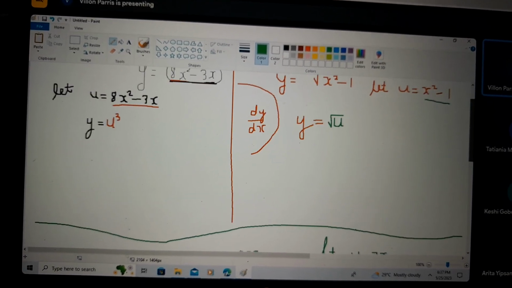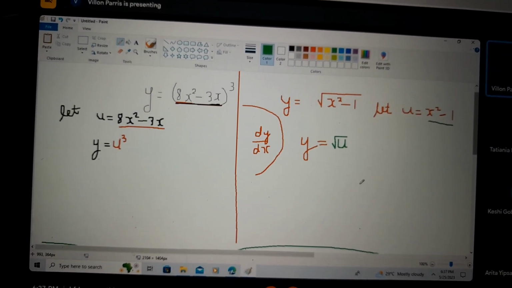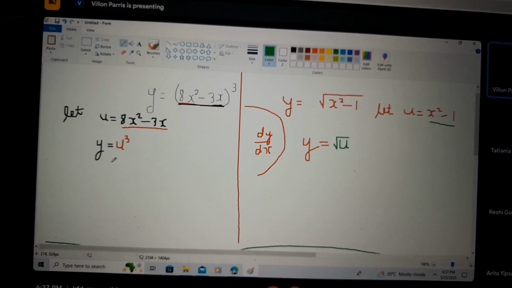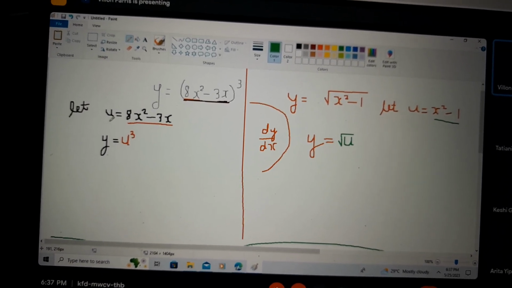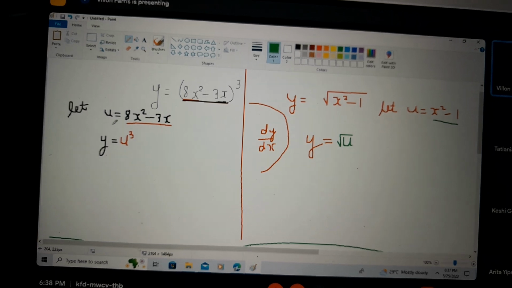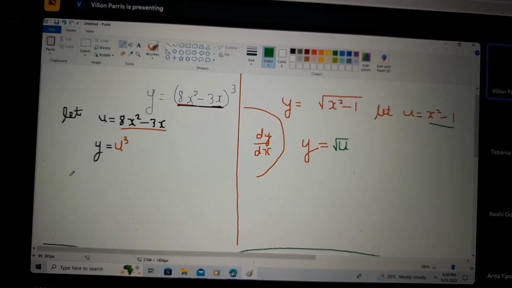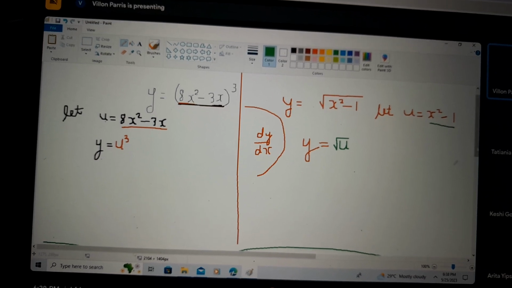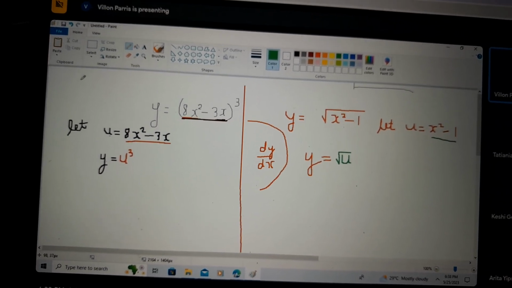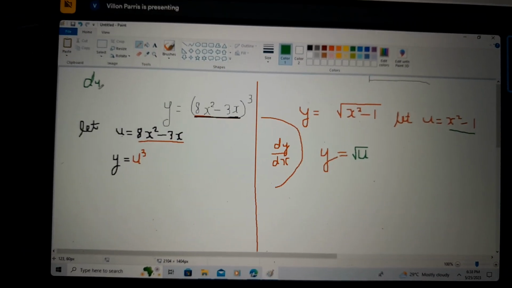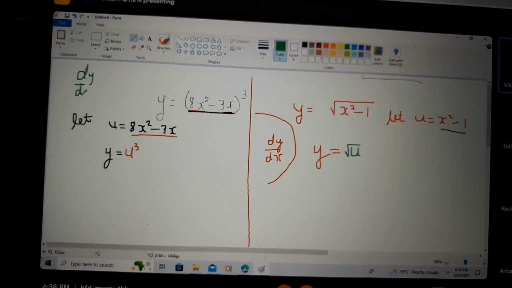So now I'm going to go back here and we're going to differentiate using the chain rule. What the chain rule does, we are going to differentiate both of these here. According to the chain rule, remember what we want, right? We want dy/dx.